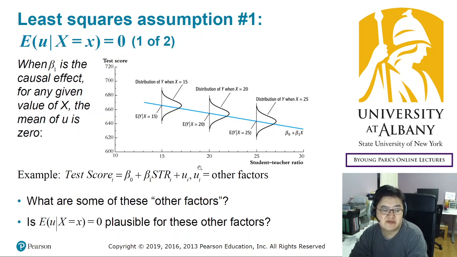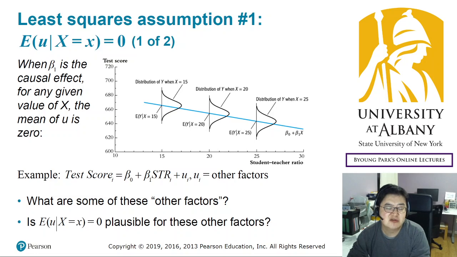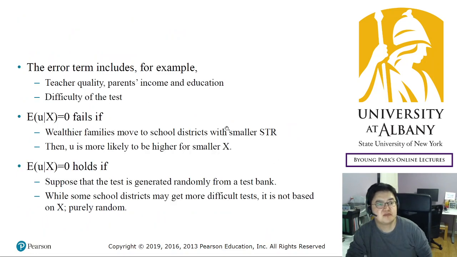What are these other factors and what does this mean? This is about an assumption, and now you need to think about this problem outside of statistics. Statistics does not give you answers to these kinds of questions. So let's think about that.